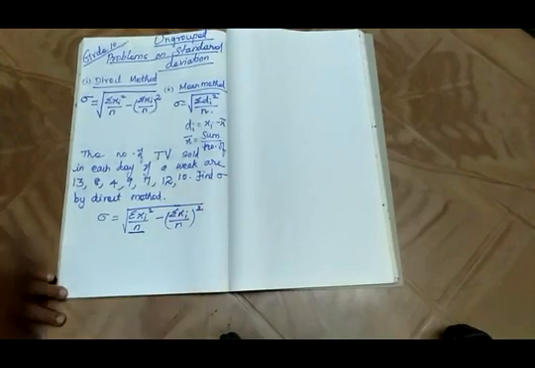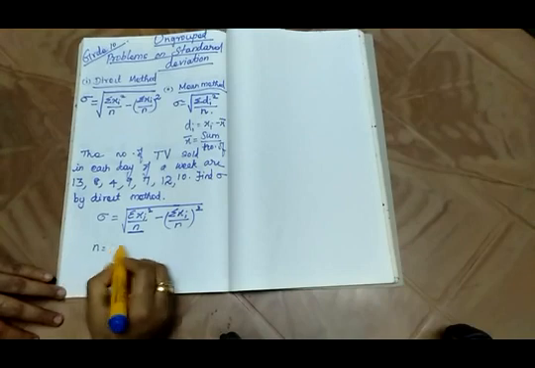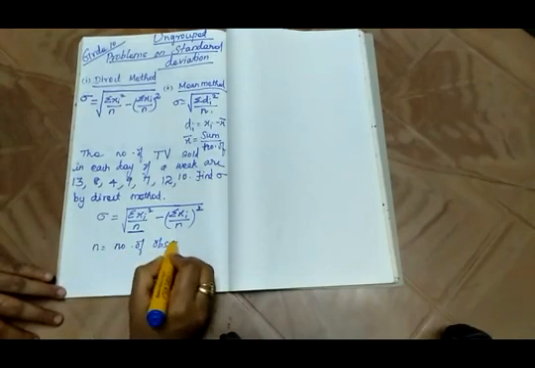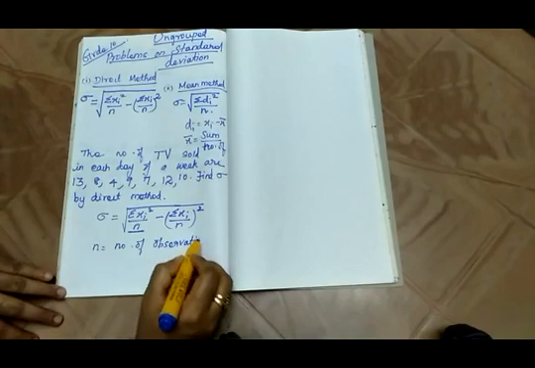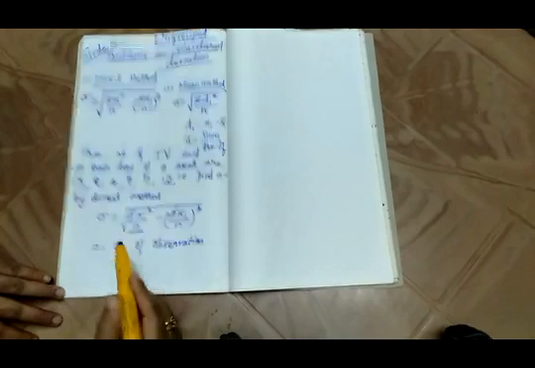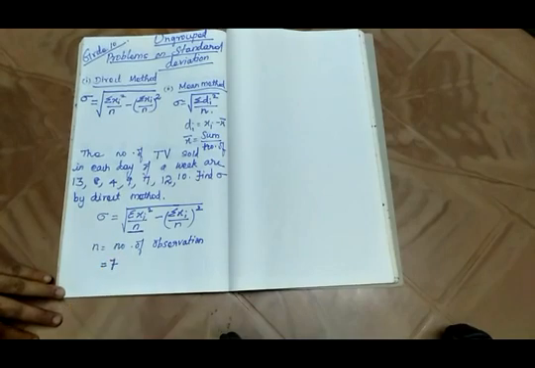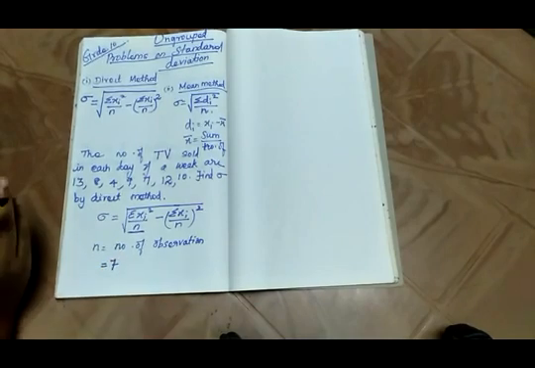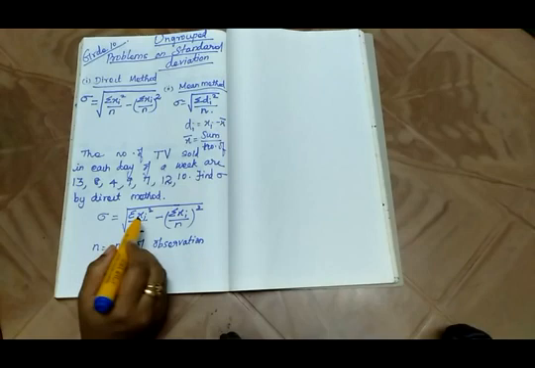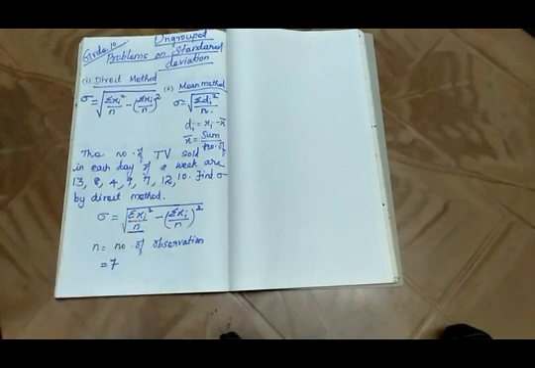Small n always indicates the number of observations or number of data. Count how many observations there are: 1, 2, 3, 4, 5, 6, 7. Now what is xi? x means we take the given data. xi means i is equal to 1 to n, that is 1, 2, 3, 4 and so on.